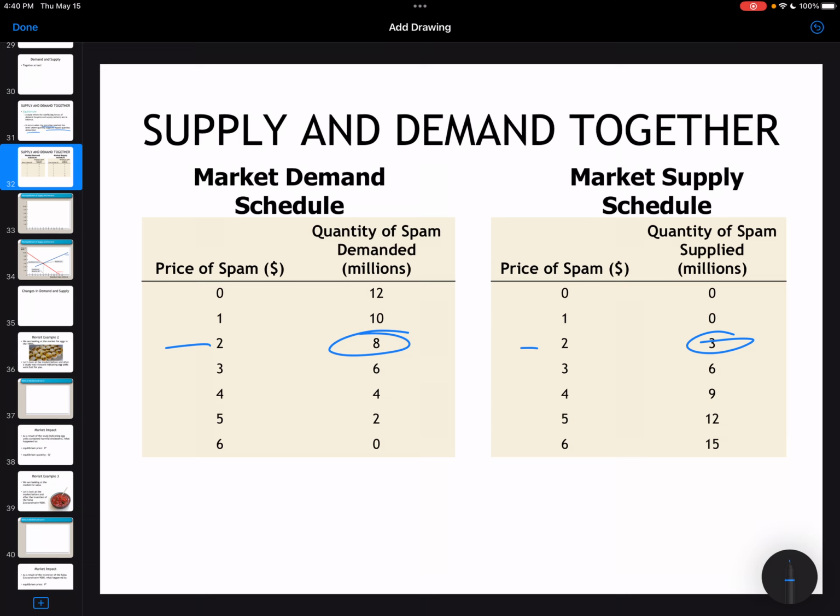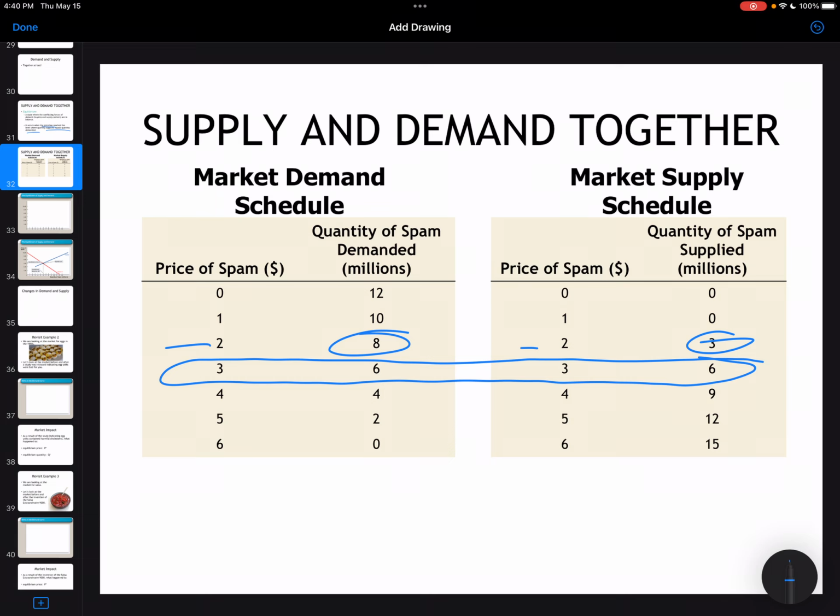But look at the one below it. At a price of $3, buyers are willing to buy 6 million cans of Spam, and sellers are willing to make and sell 6 million cans of Spam. It's the only point where both buyer and seller agree.